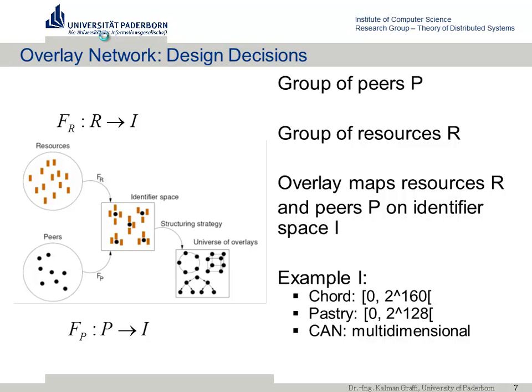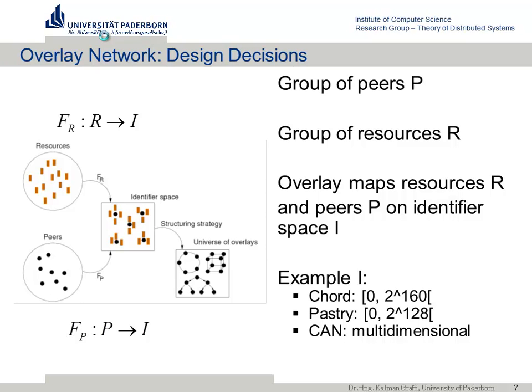Okay, so let's start with what is given. You have a group of peers, let's say P. You have a group of resources R, that's the orange thingies over there. And what you want is an identifier space. For example, one overlay called Chord has a one-dimensional ID interval from 0 to 2 to the power of 160.